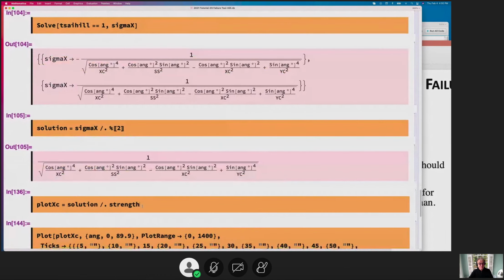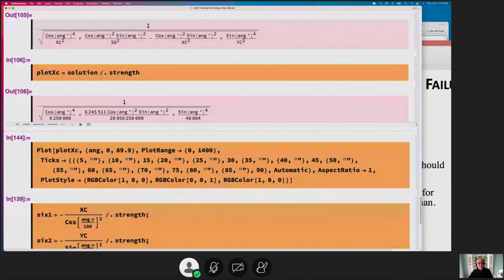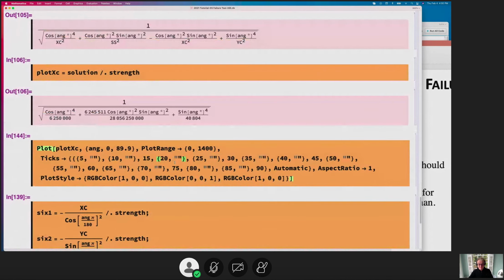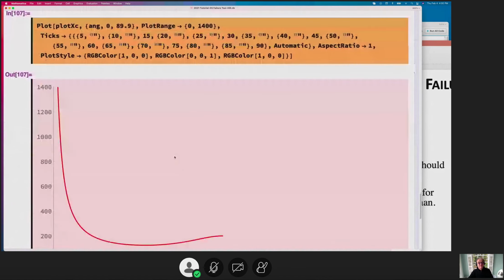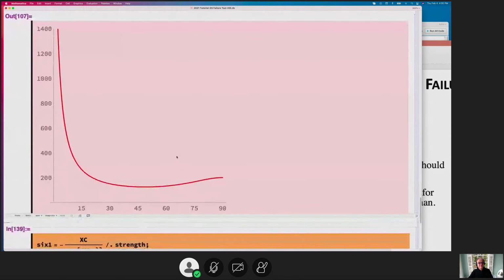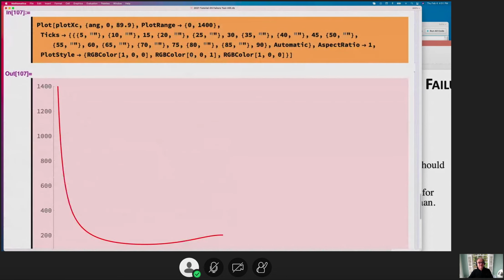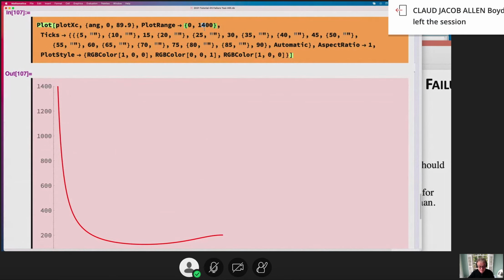And if I plot x sub c, which is now the compressive one, and I do the same thing, this is now the compression version of psi hill. The axis actually goes more than 1400, so I'm going to make it 1600.